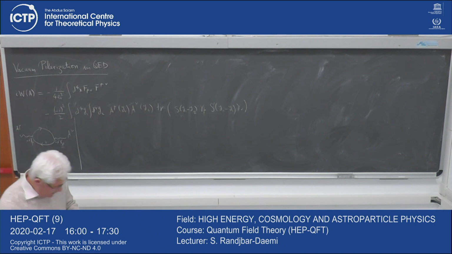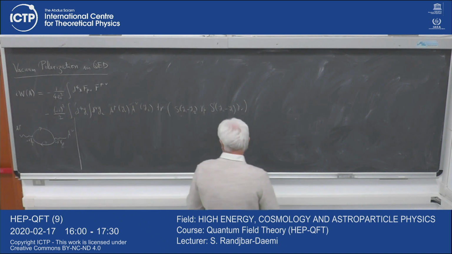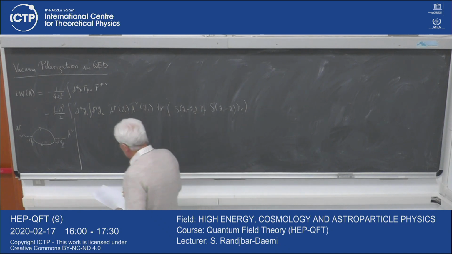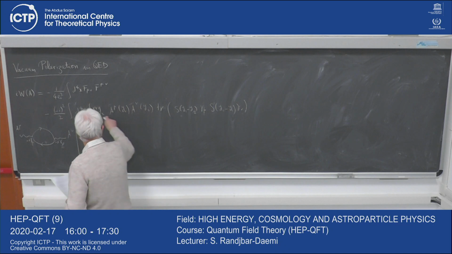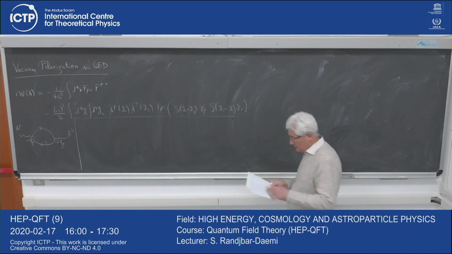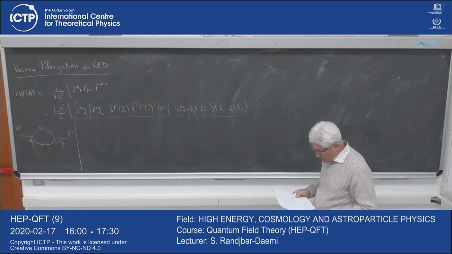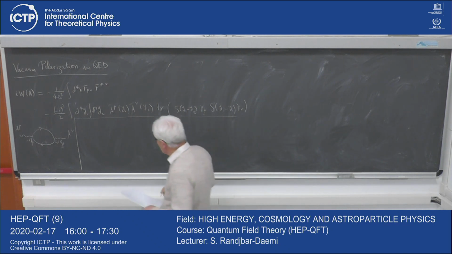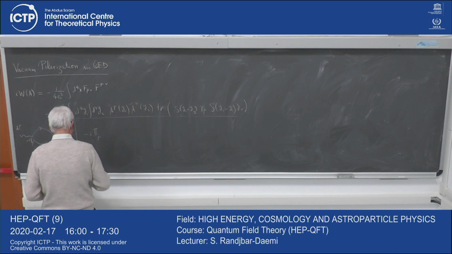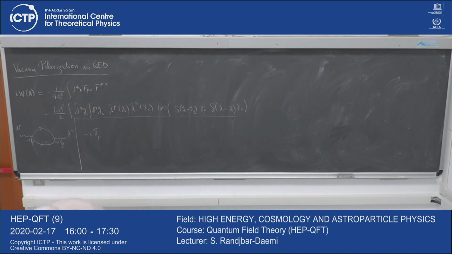So, let's proceed then. To proceed, I am going to introduce a notation. There are plenty of factors of i floating around. They will disappear in a minute. So let me introduce the tensor, using the same notation which I use for the scalar field.